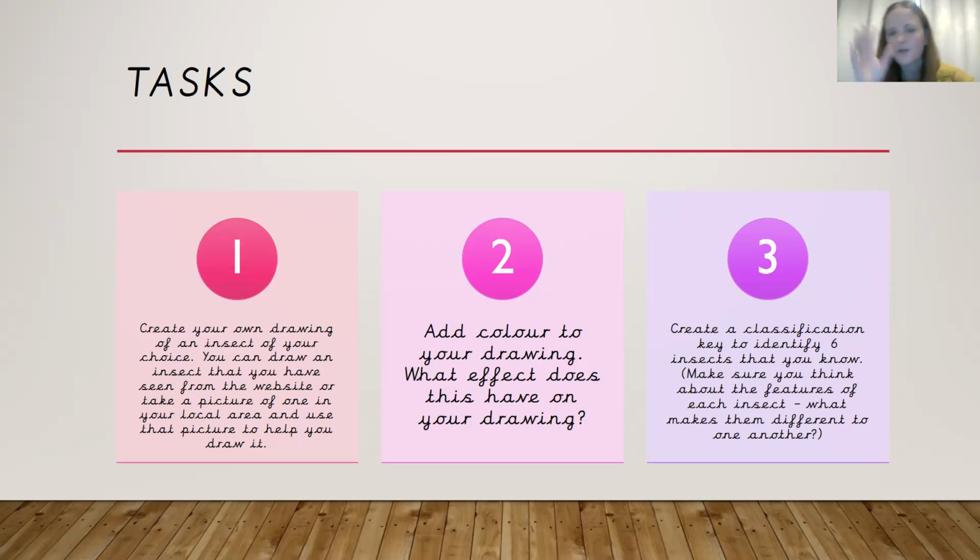So think about 6 insects that could fit into a classification key. And think about, like we said, when we're looking at Levon Bess's pictures, what classifies them into different things? How does this insect look different to that insect? So remember, your classification key helps you to identify the 6 insects.